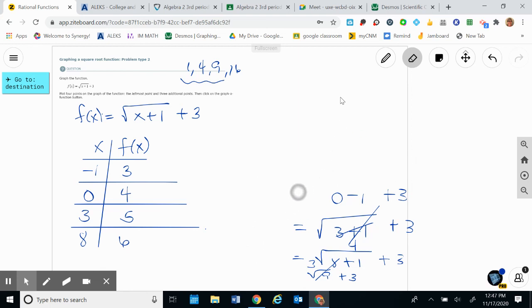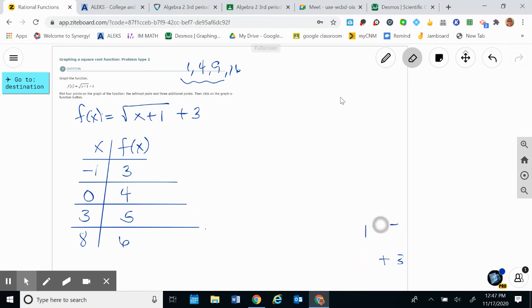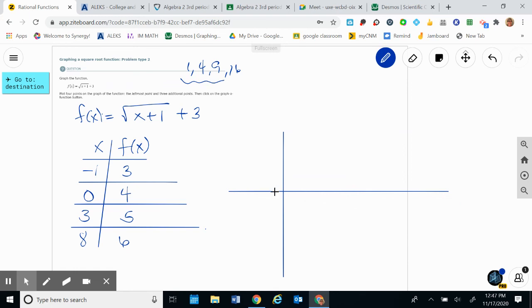Okay. It looks a lot like a log. It really does. And it makes kind of, well, I don't know if it makes sense to you. It does look like it. Here's what it looks like. Okay, you go -1, 3, 0, 4, 3, 5, 8, 6.